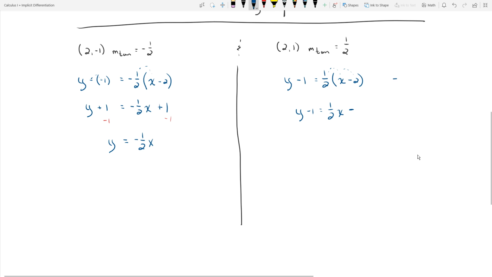And that's going to be -2 times 1/2. So you have -1. We're going to add 1 to both sides. And we will end up with y is equal to 1/2 x. And those are the equations for the slope of the curve at those given points.